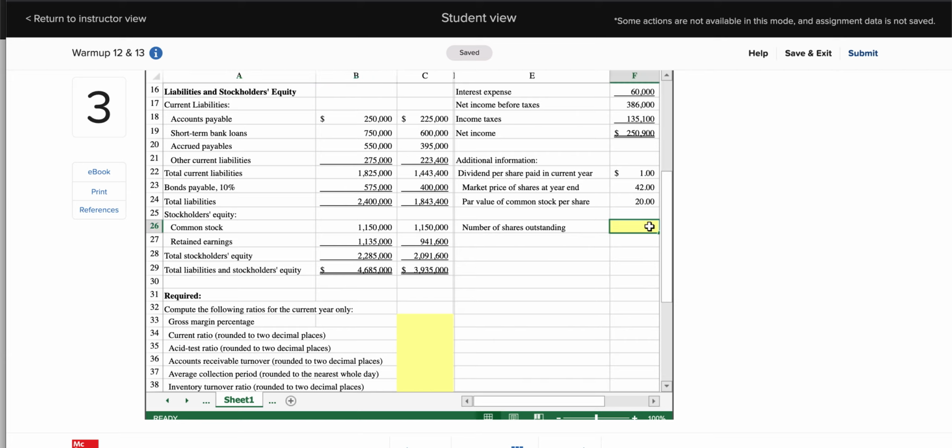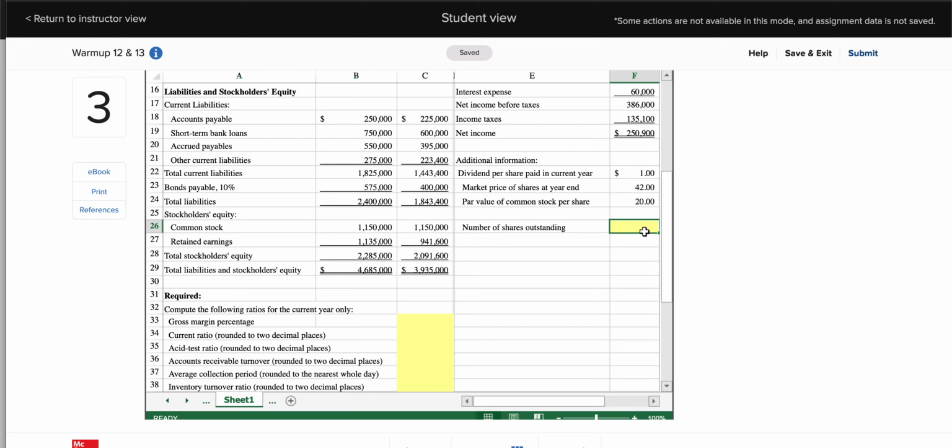This first cell, let's go here first because I know we'll need this number to calculate another number that we have down below, so I don't want to forget this one. But this is related to the number of shares outstanding. When you have stock that does not have a par value attached to it, one way to know the number of shares that you have outstanding is to take the amount of common stock and divide that by the par value of the common stock that you have here per share.